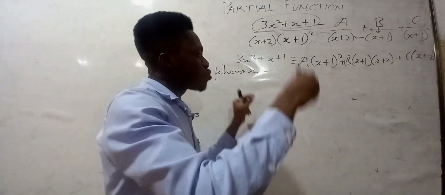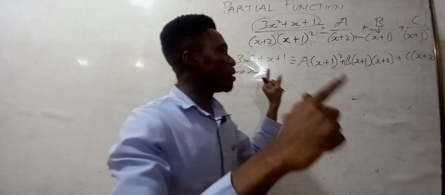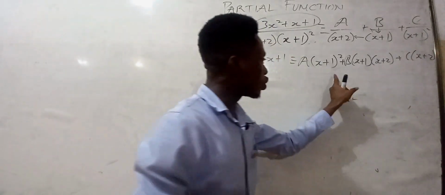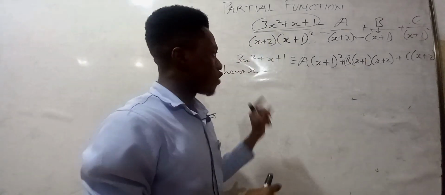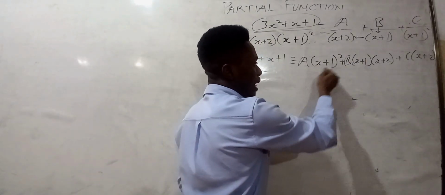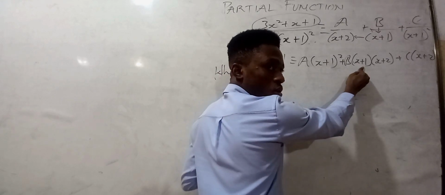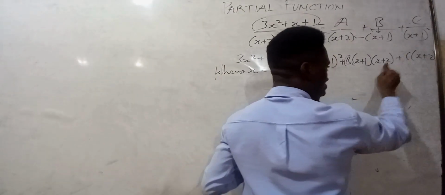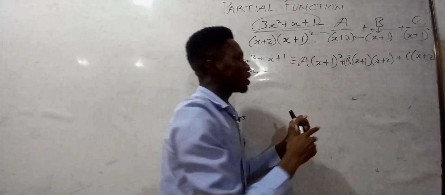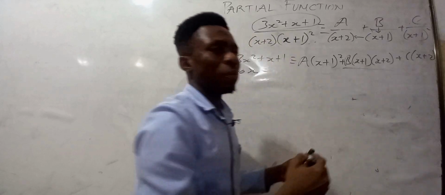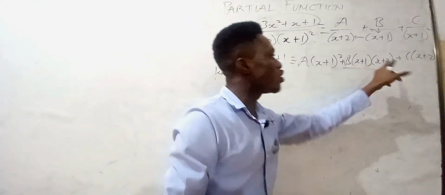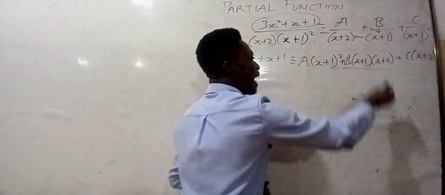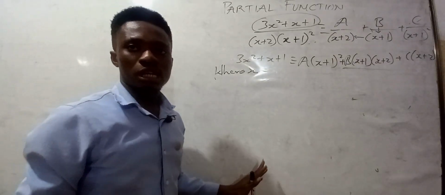And when I eliminate one, it should affect the B. Any which one I want to eliminate should affect the B. For instance, if I make here -1, here will be 0, and here 2 will be 0. Do you get it? And when I make here -2, here will be 0, here also will be 0. So don't try to attempt the B, because any which one you eliminate, it affects the B. So try eliminating the A and the C and do the B later.